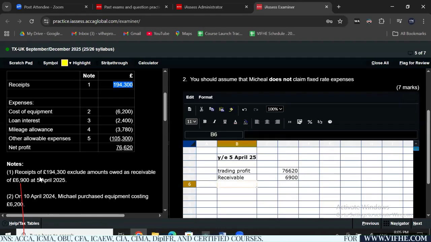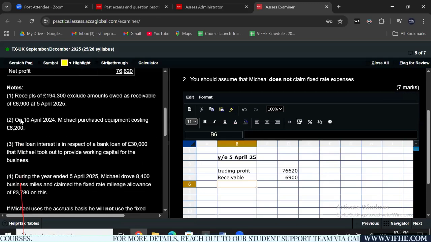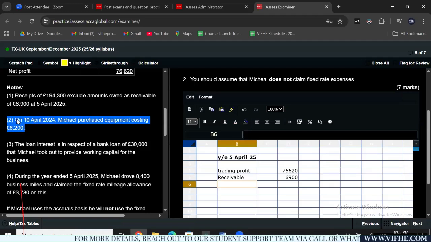Then there is the second note related to the expenses list. First of all, they are talking about the cost of equipment, which is 6,200. The note says that on 10th of April 24, Michael purchased equipment costing £6,200.